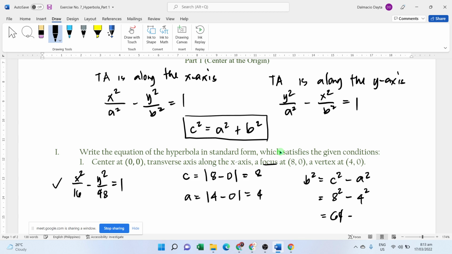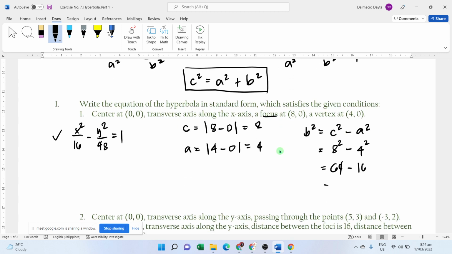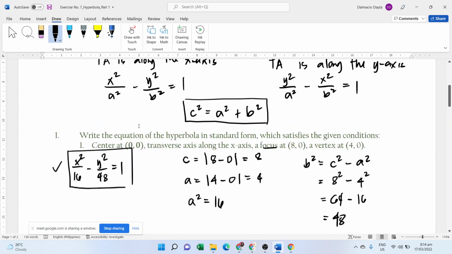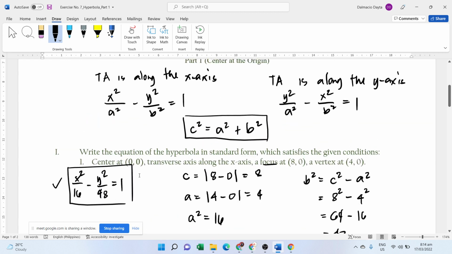That is 64 minus 16, and b squared is equal to 48. Now, if a is equal to 4, a squared is equal to 16. So this answer is correct. Substituting a squared and b squared to the standard form of the equation.